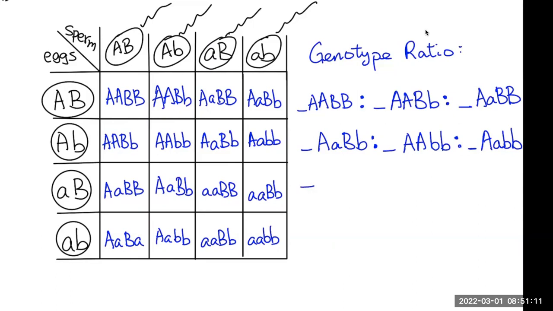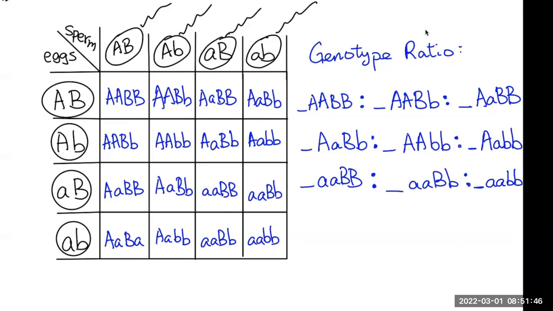So little a, big B. And then little a, big B, little b. And then the rest of them, there's just one more, which is little a, little b, little b. Okay, so there we go. We have written down all the genotypes that we saw in the Punnett square.